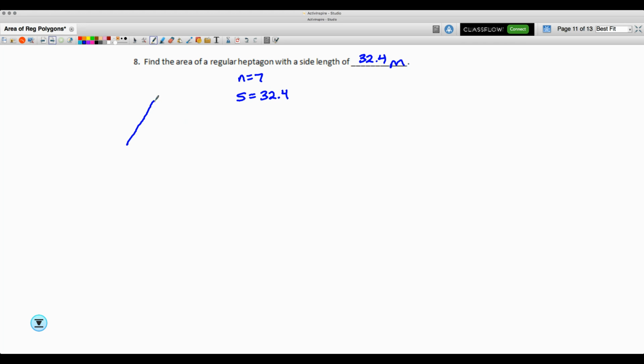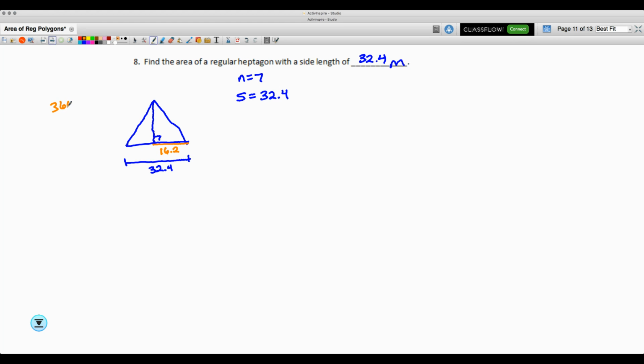Okay, so I'm going to draw in my 2 radii and the apothem. So if the side is 32.4, we just work with the right triangle, so what would that make this? So that would be 16.2, right?